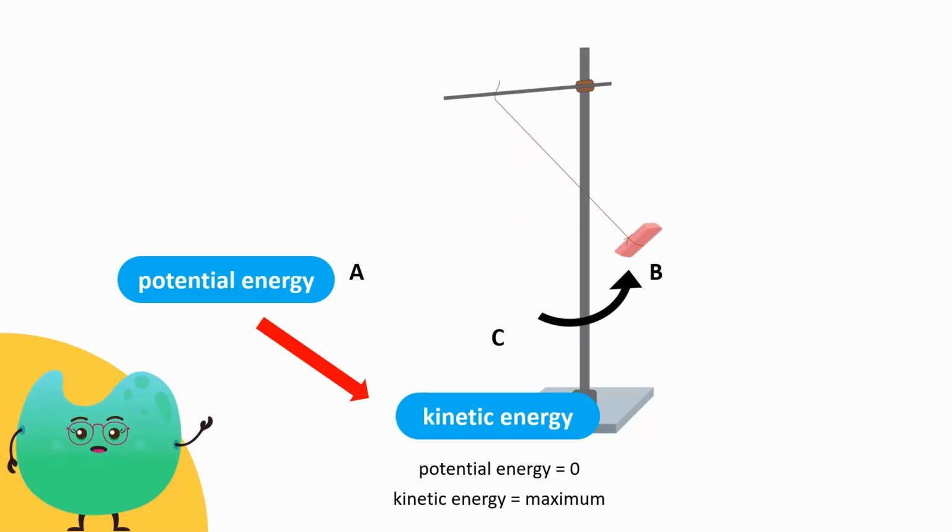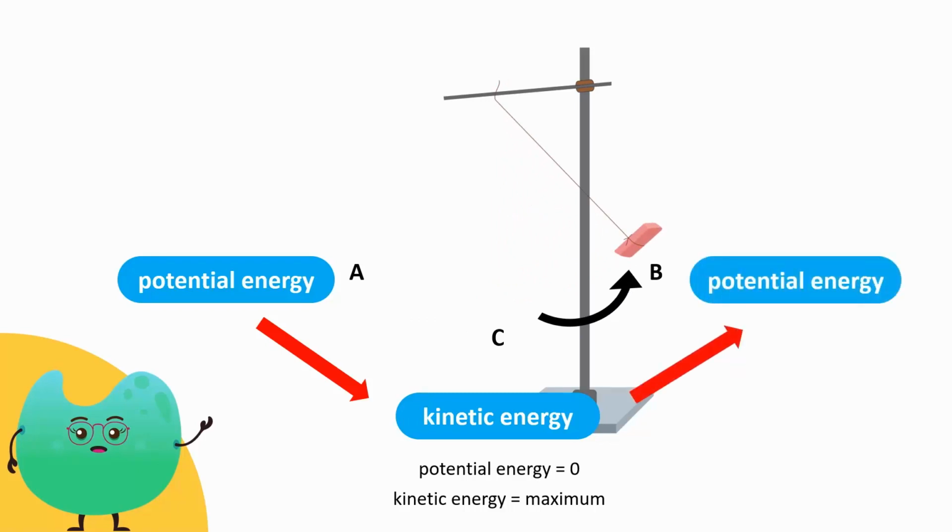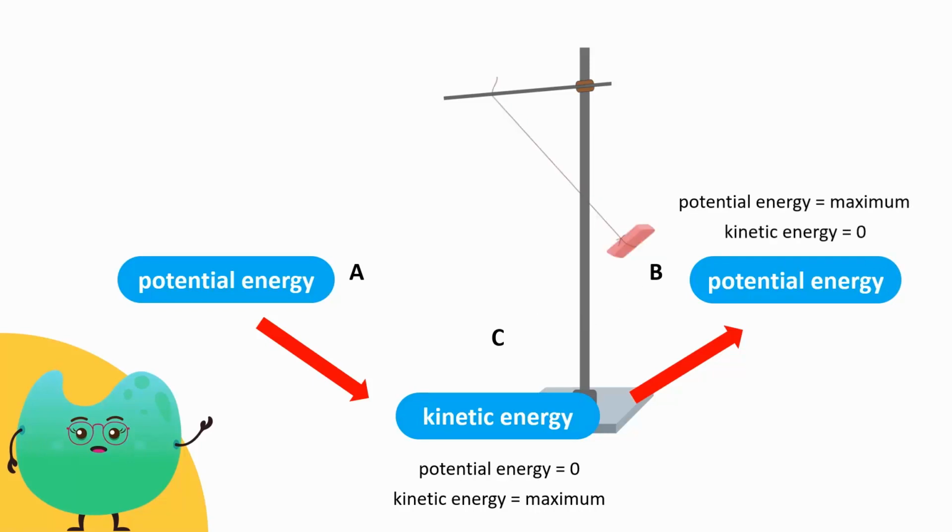When it reaches point B, all the kinetic energy changes into potential energy again, resulting in zero kinetic energy and maximum potential energy. Due to this zero kinetic energy, the eraser stops momentarily and changes its direction. The above process continues as the eraser moves forward and backward.